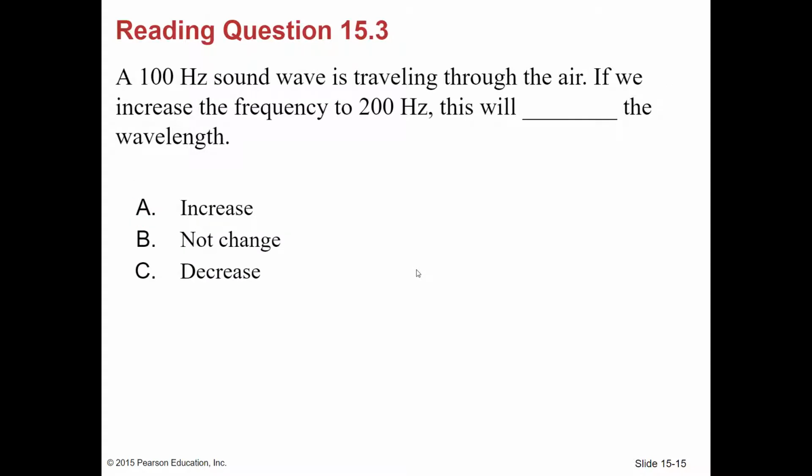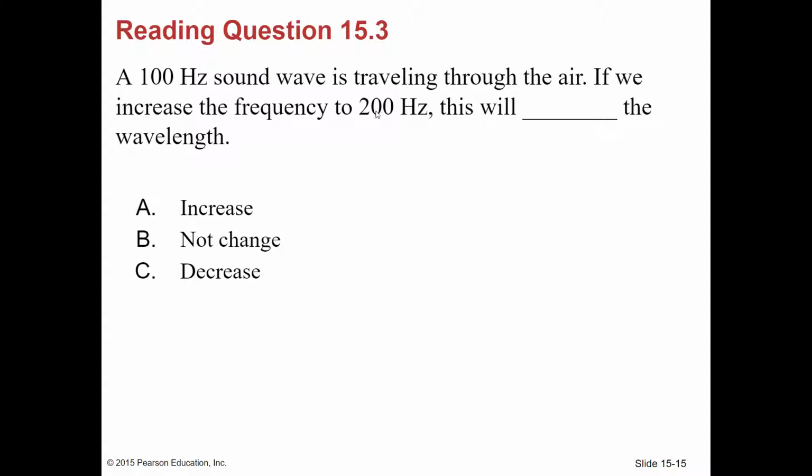A 100 hertz sound wave is traveling through the air. If we increase the frequency to 200 hertz, what will this do to the wavelength? Well, you have to remember that the speed is going to stay constant. It doesn't matter how high pitched a noise you make, the noise will still travel through the air at the same speed.